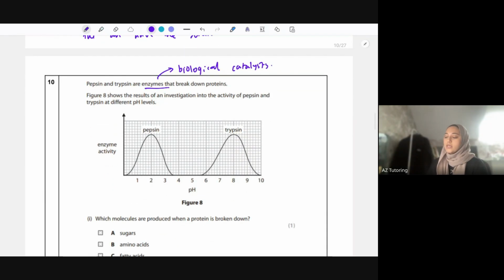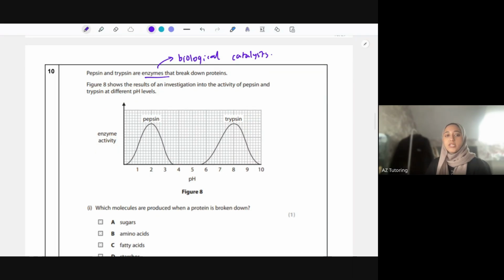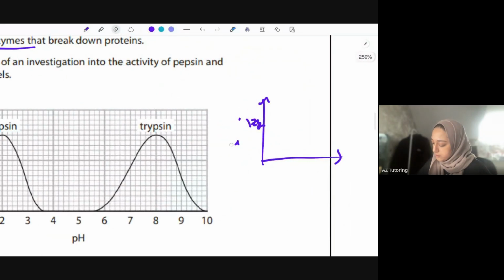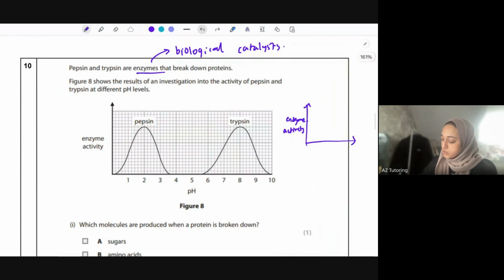Now, in the exam, they can give you any catalyst that you've never seen before, but just apply the knowledge that you already know about how pH and temperature affects enzymes. And in this question, we're speaking about pH, so you should recognize these bell-shaped graphs are always when they're speaking about pH. If they're speaking about temperature, I'll draw enzyme activity, but instead of having pH on the x-axis, I'm just going to put temperature.